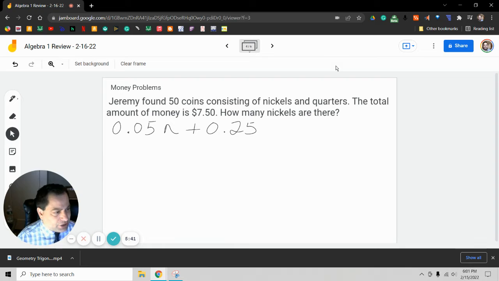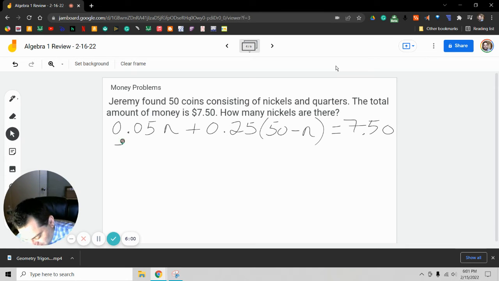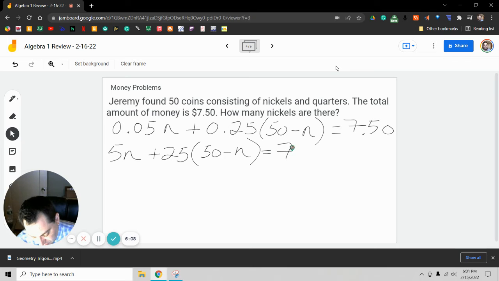That when something adds up, we take the total and we subtract it from the other variable. Now we get our total of $7.50. And now we can start our work. So again, I'm going to multiply by 100. I get 5n plus 25 times (50 minus n) equals $7.50.